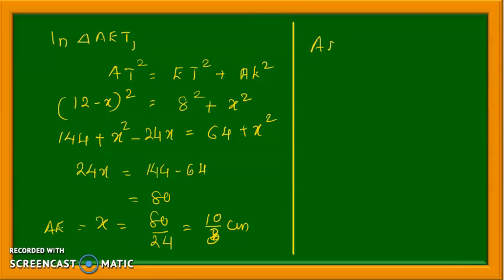That means AB is equal to 2 times AE. Correct? Because we know that in an isosceles triangle, the line drawn from the vertex angle to the unequal side is the perpendicular as well as the median. So it will bisect the base. So we can write here 2 into 10 by 3, which is equal to 20 by 3 centimeter.